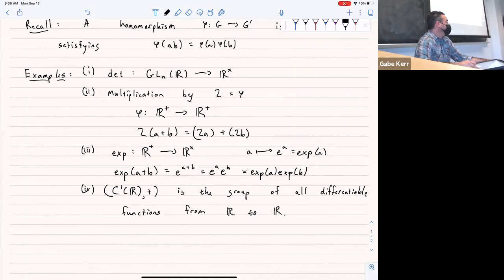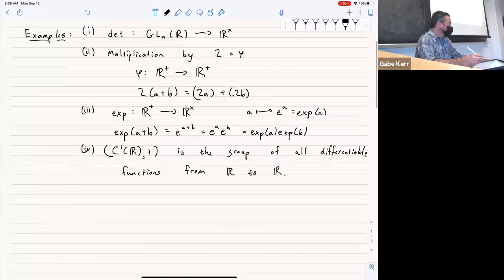There's the constant function 0 that acts as an identity. And if you have a function, you can take its negative, and when you add them, you get 0, so it has additive inverses. This is a nice group under addition. And indeed, if I look at the derivative, this is a homomorphism.